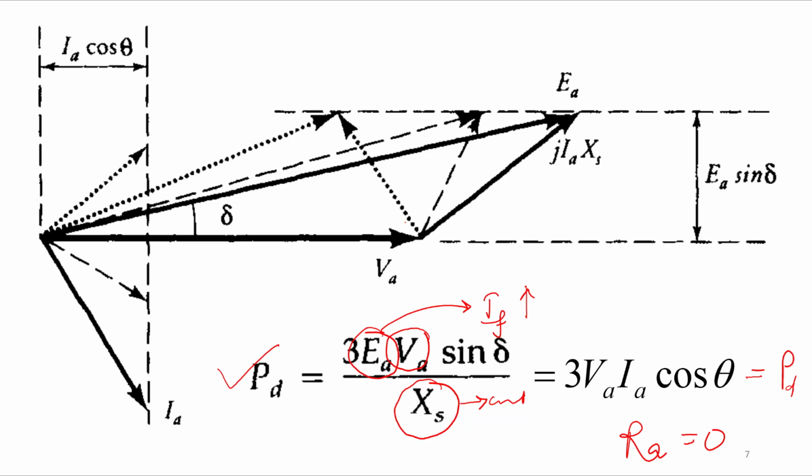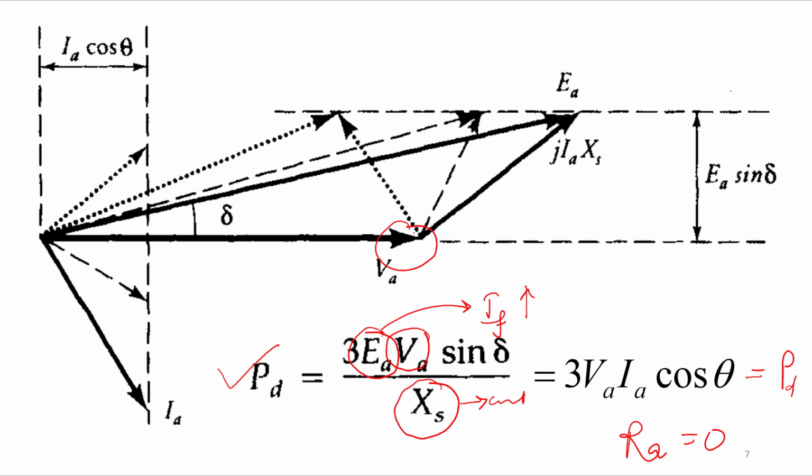Now your VA is constant, XS is constant, and your EA sine delta will remain constant. Of course EA will vary, but EA sine delta will remain constant, since VA and XS are constant.